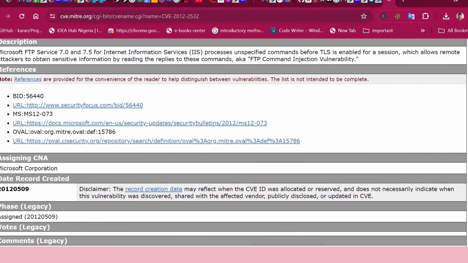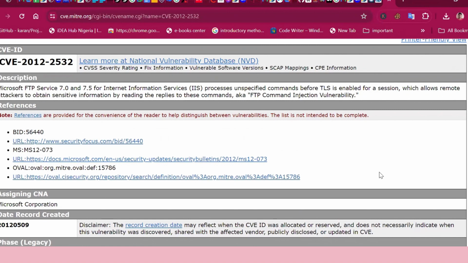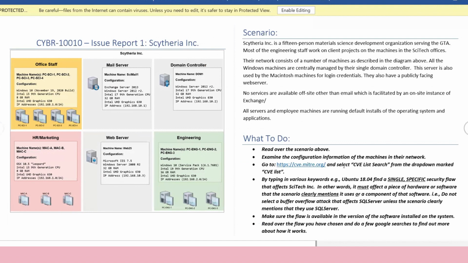So this is not okay. Let's go back. It says to type various keywords and find a single specific security flaw that affects SciTech Inc. In other words, it must affect a piece of hardware or software.